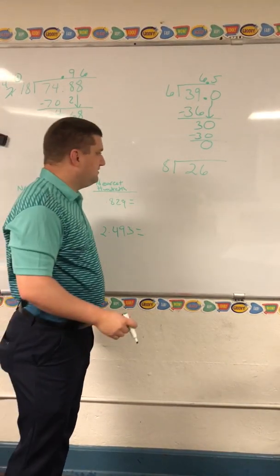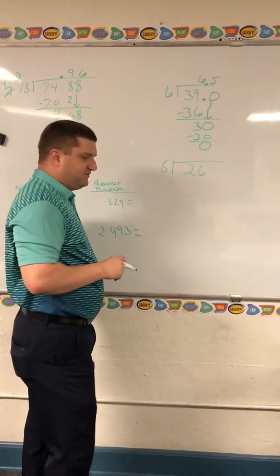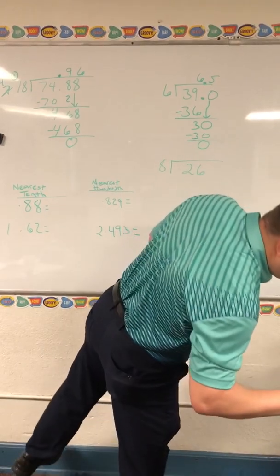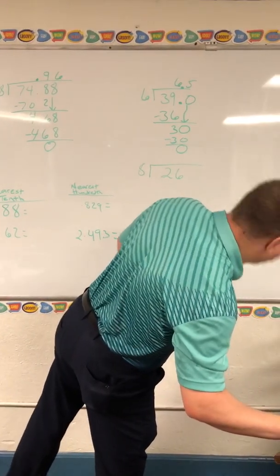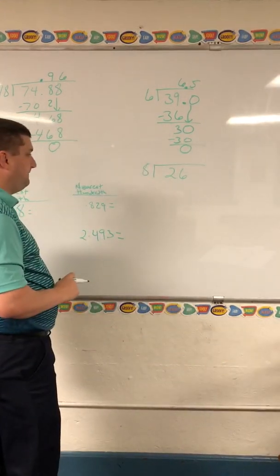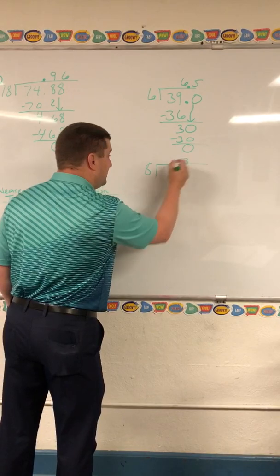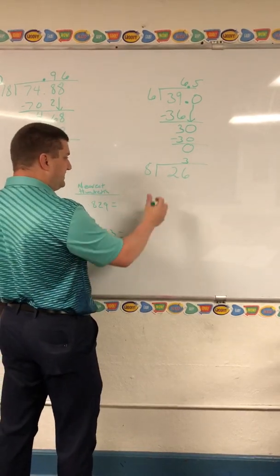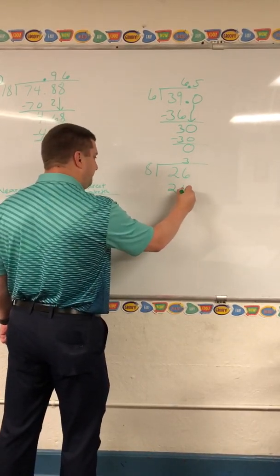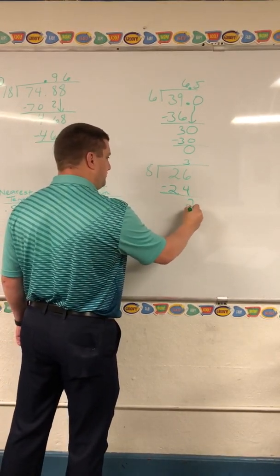Okay? Sometimes it takes more than just 1 0. Okay? So let's look at this next problem, which is problem 2b. Okay? 8 into 26, we know, goes 3 times. 3 times 8 is 24. 6 minus 4 equals 2. Okay?